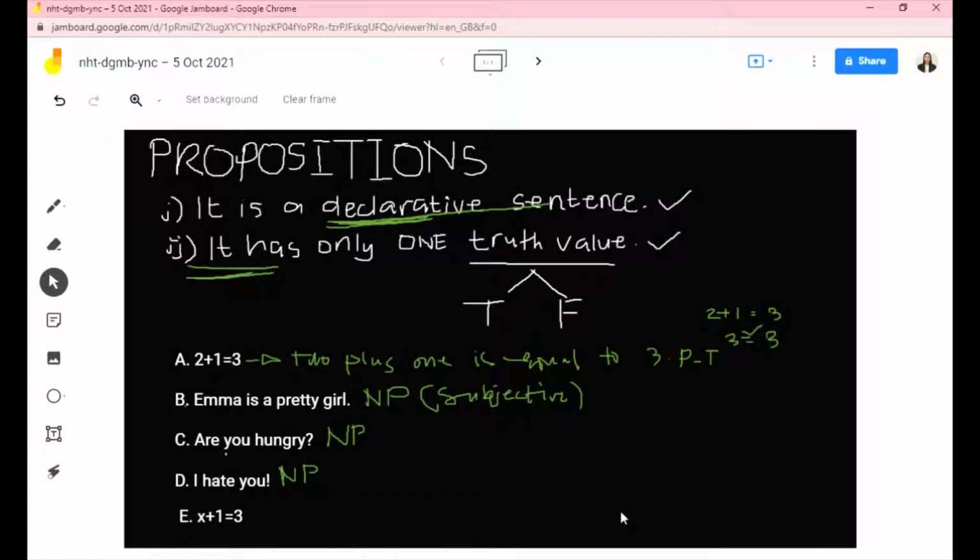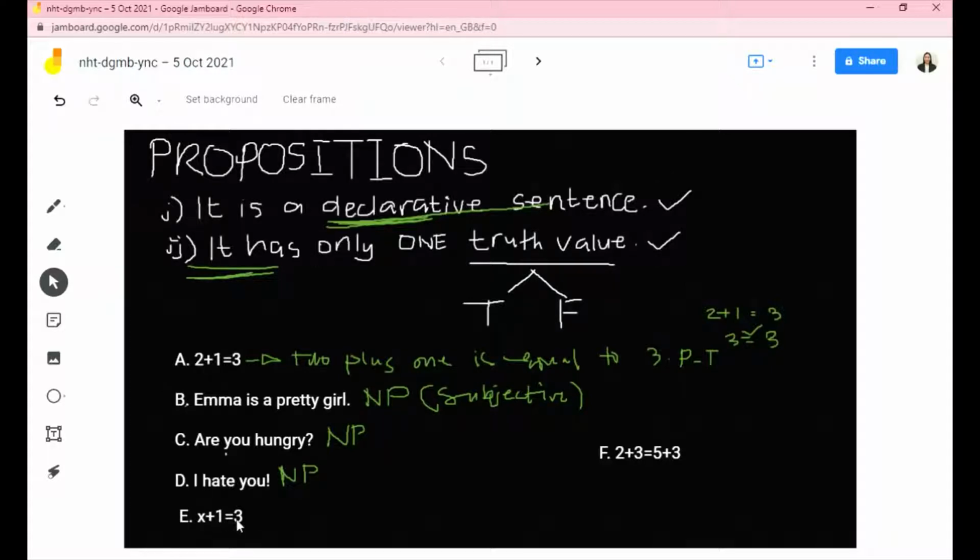And let's say we have another sentence here, statement F: 2 plus 3 is equal to 5 plus 3. Okay, so let's try to identify sentence E first.